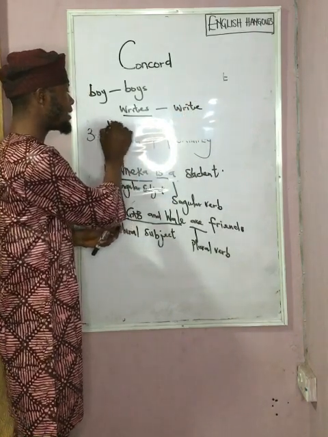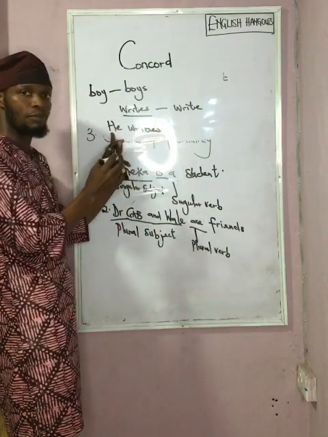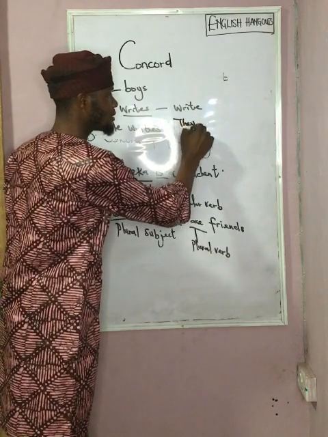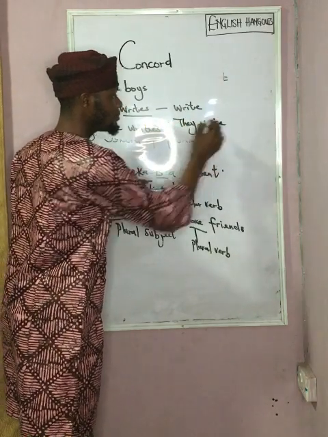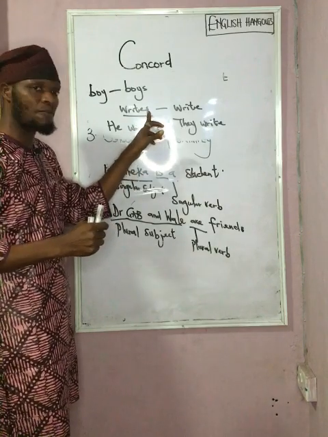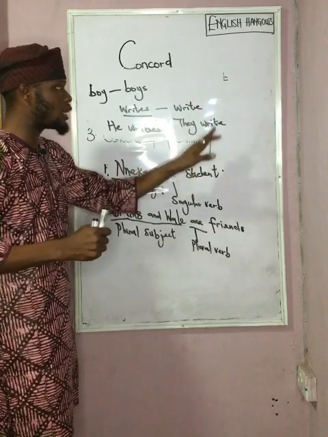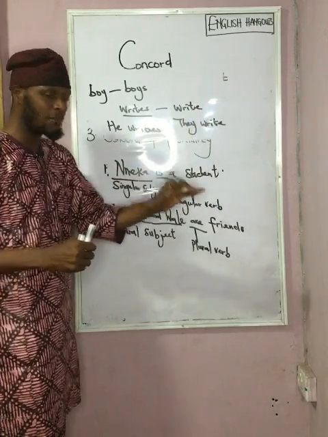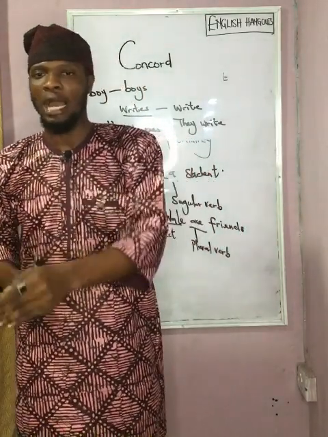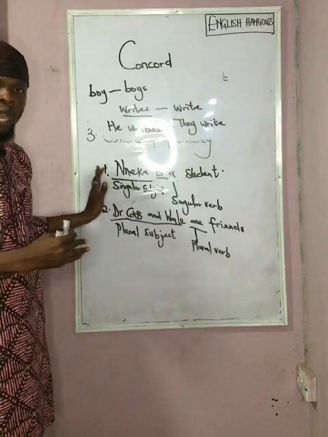Therefore we can have he writes, singular verb, a singular subject; they write. Therefore, verbs that take s will be in the singular form, while those without s will be in the plural state. Therefore, the first rule states that when the subject of a sentence is singular, the verb also should be singular, just as we have on the whiteboard.